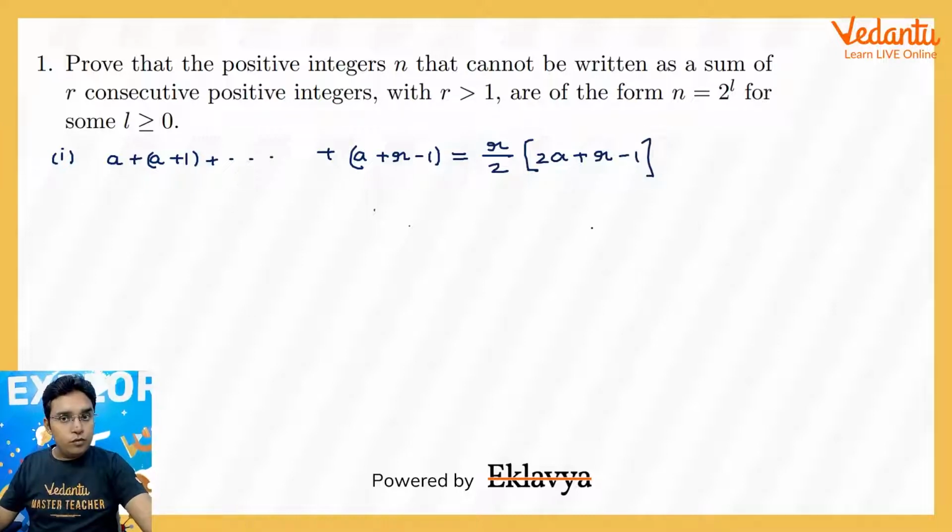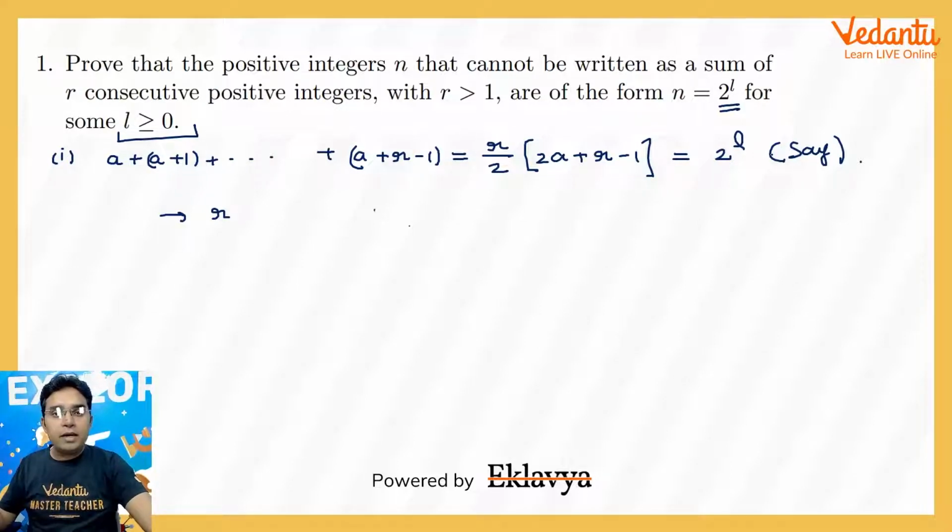So first I will prove that it cannot be equal to 2 power l for any positive integer l. In fact, in this question they should have given l to be a positive integer, then it would make better sense. To prove that it cannot be equal to 2 power l, I will take it to be equal to 2 power l, and by contradiction I will say it is not possible. Dear all, please see, if this is 2 power l, then r cannot be an odd integer, because if it is odd, then 2 power l doesn't have any odd factor. So r has to be even.